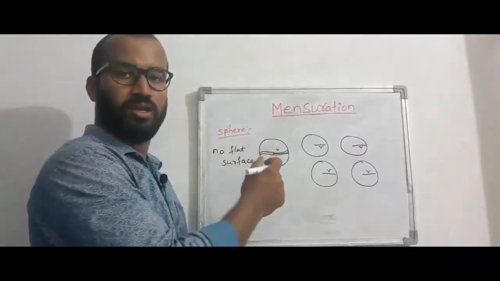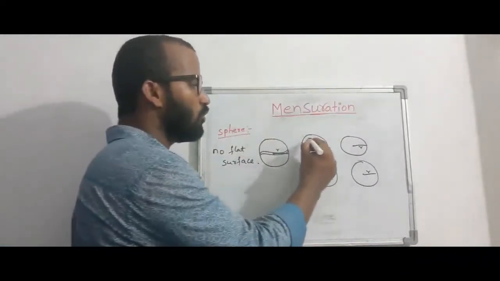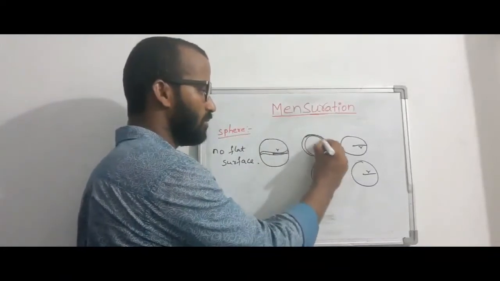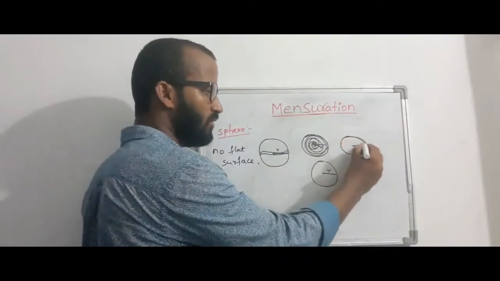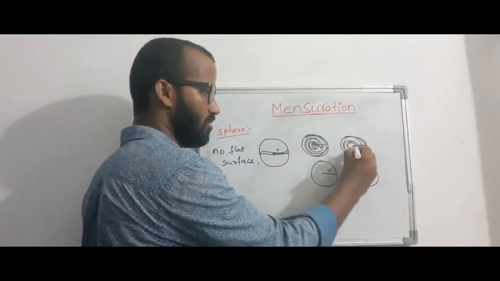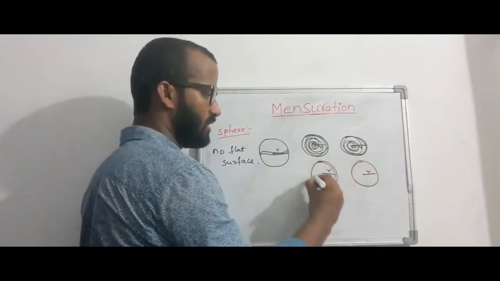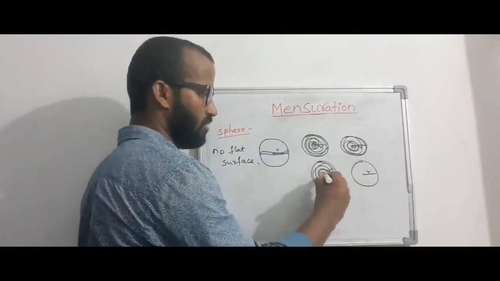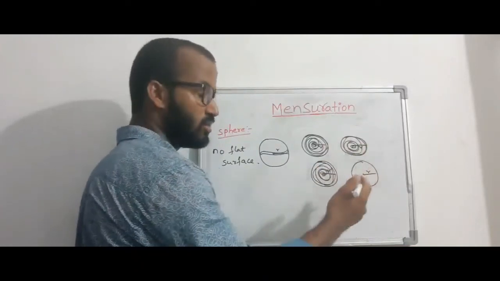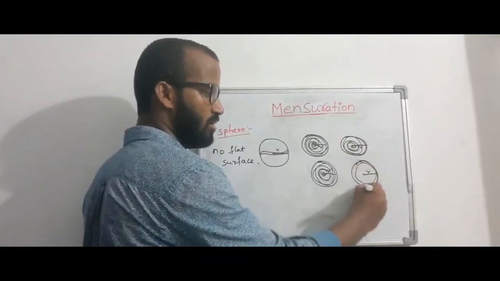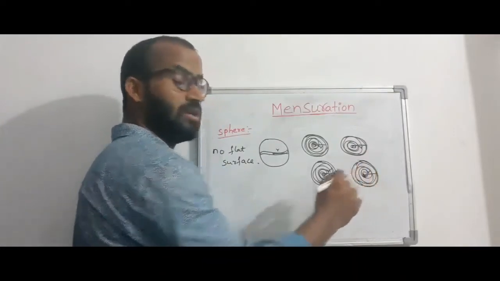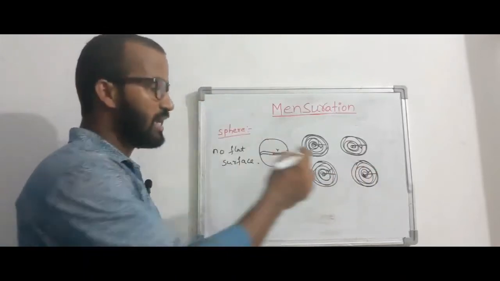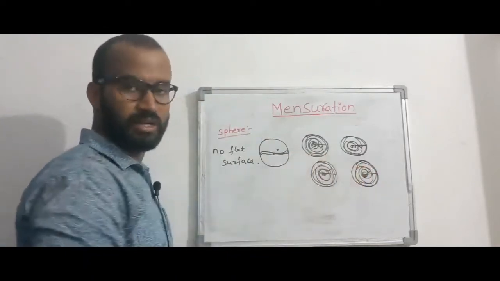After that, you open the thread and try to fill the circles without gap. Thread will be remaining. After that, fill this circle without gap. After that also thread will be remaining. After that you fill this circle also. After filling this circle, thread is going to exactly finish here.